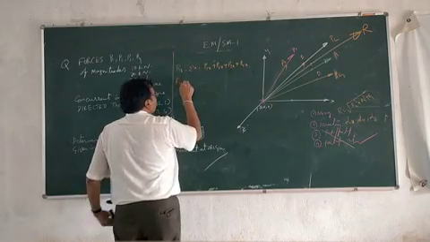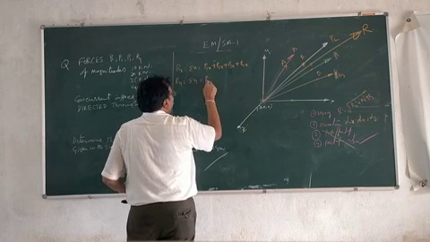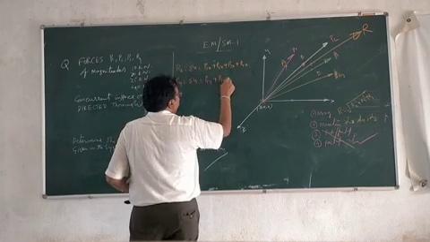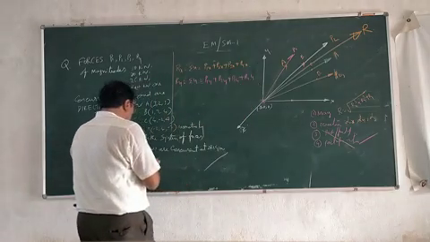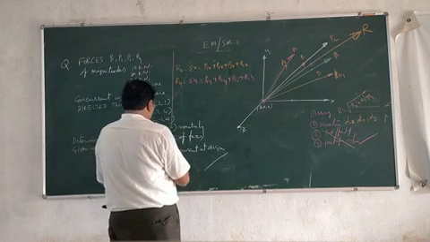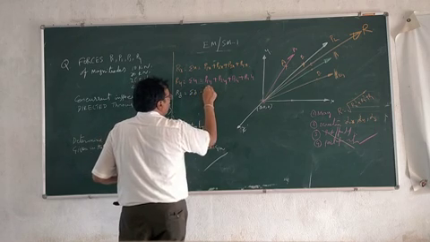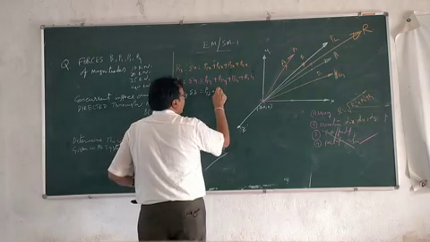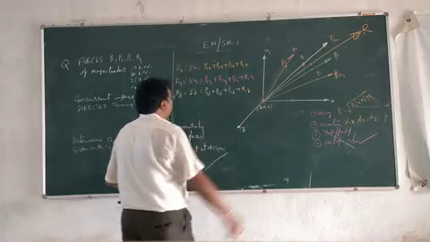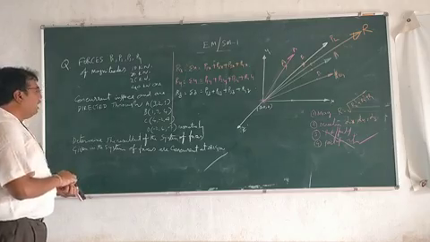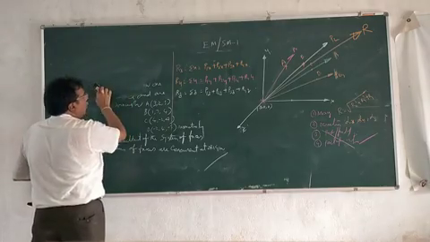Ry is equal to sigma y, which is P1y plus P2y plus P3y plus P4y. Rz is equal to sigma z, which is P1z plus P2z plus P3z plus P4z. We have to calculate all values according to the given data.